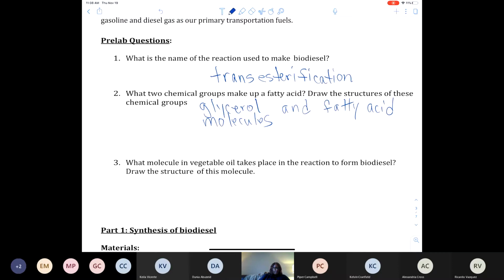And so within the vegetable oil, what is actually reacting with the alcohol?